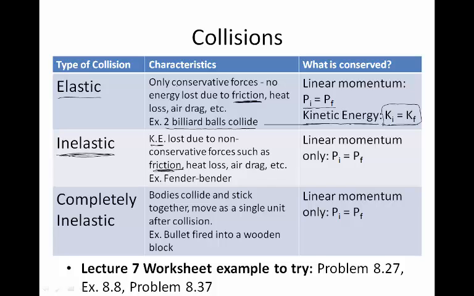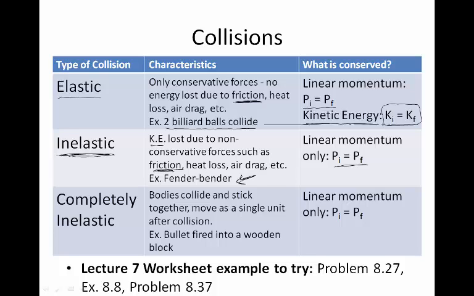So any real-world fender bender is going to be inelastic, or if you were to roll two soccer balls across the grass and they hit each other, the grass is acting as friction in that example. So in that case, only linear momentum is conserved, not kinetic energy.